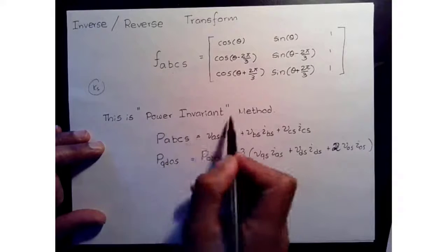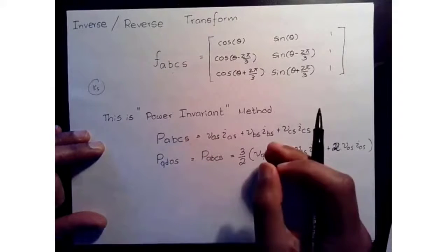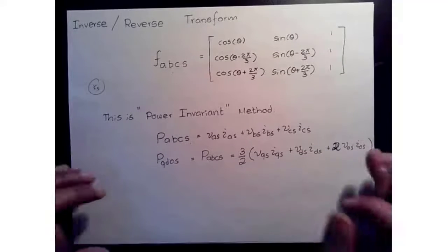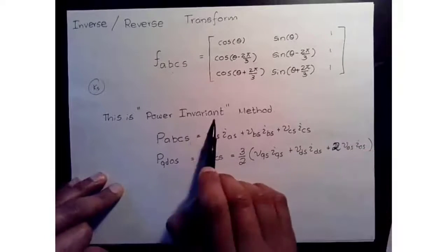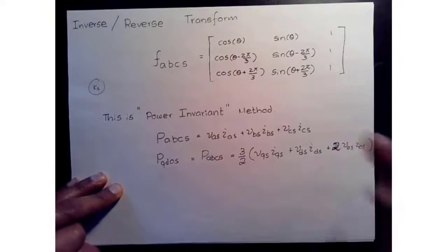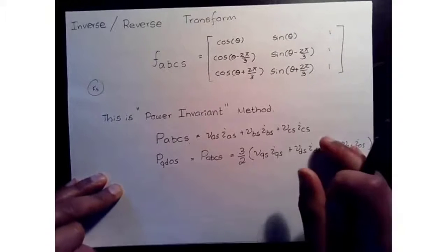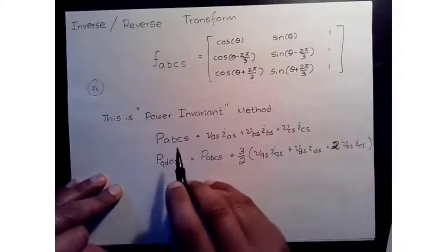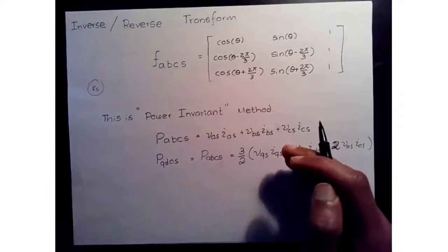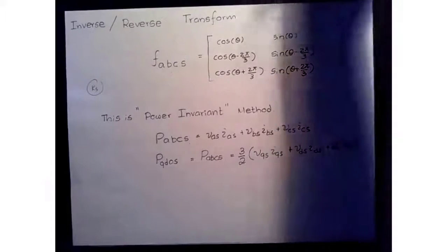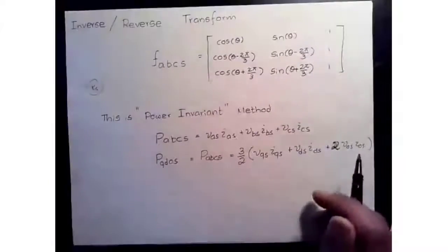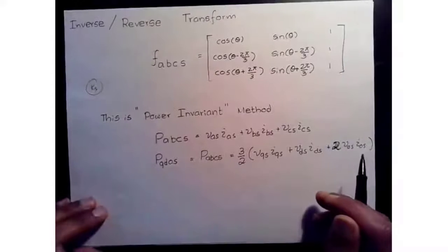Of course, you can come up with transformations that the power does change, but for applications that we are going to look at, we prefer a power invariant transform, because we are looking at machines and how much energy, how much power it's going to consume, right? So we are looking at a power invariant method, and that 3/2 in our transformation is from that power invariant. This 2/3 is for that power invariance approach.